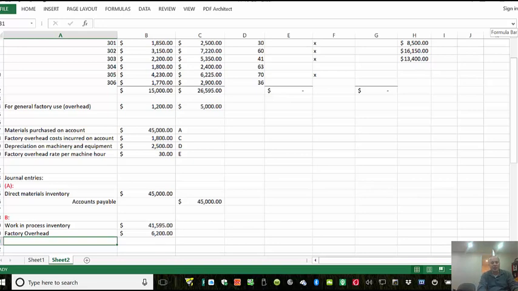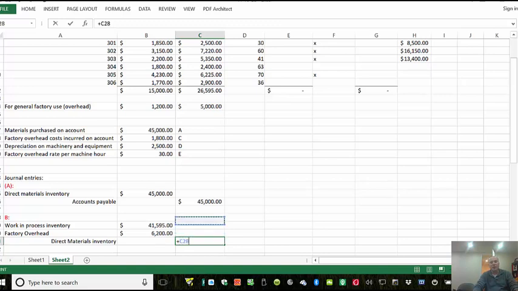Then what are the credits? Well, you're using direct materials inventory, right? We're transferring essentially the materials from direct materials into work in process for the jobs that are in process, and also for the overhead as well. So this is the 1,200 part plus 15,000.